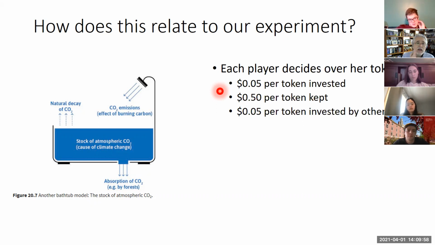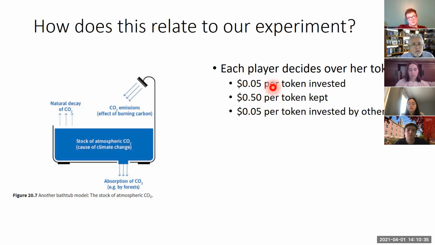And this is key in what we have been building throughout the course. If you remember the issue of institutions, property rights, power, you have absolute power over those 10 tokens. And if you want to maximize your own payoffs, for sure, this ratio of 50 cents per token kept against 5 cents per token invested will give you definitely clear incentives to keep the tokens.